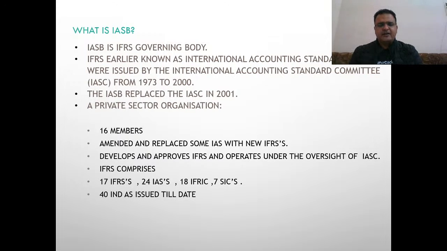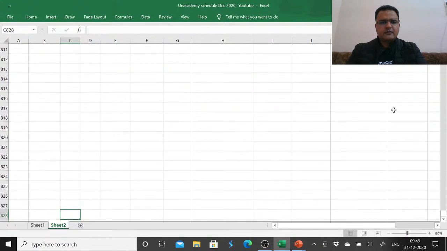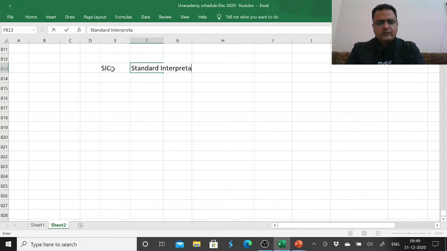Now if a standard needed any clarification, there was a body known as the Standards Interpretation Committee, SIC. It issued interpretations.